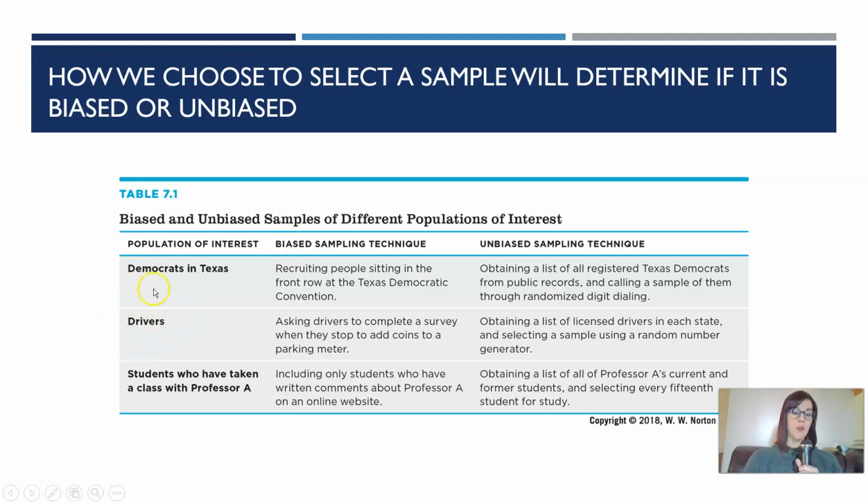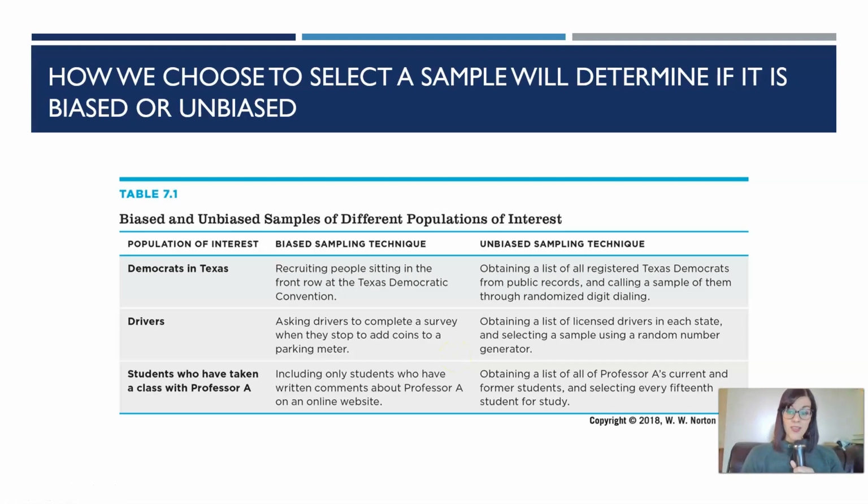Here's another example: drivers. An unbiased sampling technique would be to obtain a list of licensed drivers in each state and select a sample using a random number generator. Again, that's a very good method for getting a simple random sample. Here is a biased sampling method: asking drivers to complete a survey when they stop to add coins at a parking meter.